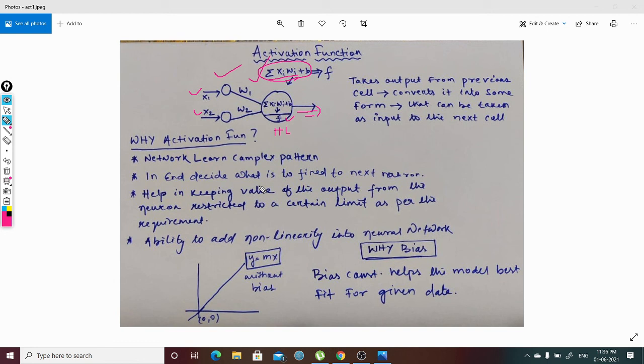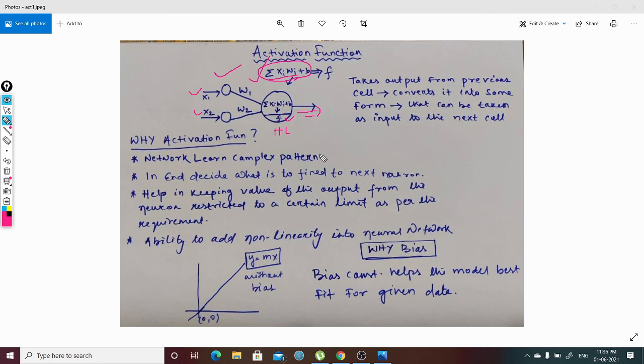So let's go a little bit deeper into that. Whatever input we are giving, that input is not going directly to the next neuron. First that input goes to the activation function, then whatever output comes from the activation function goes to the next neuron or next layer.